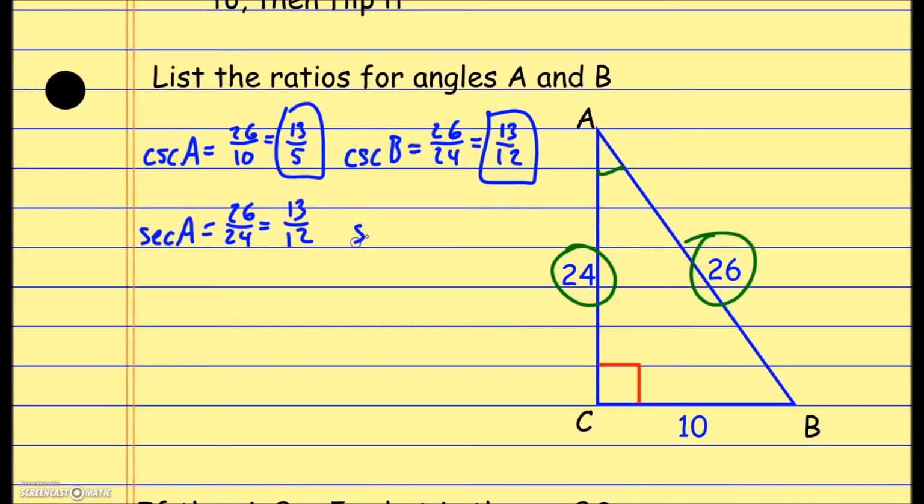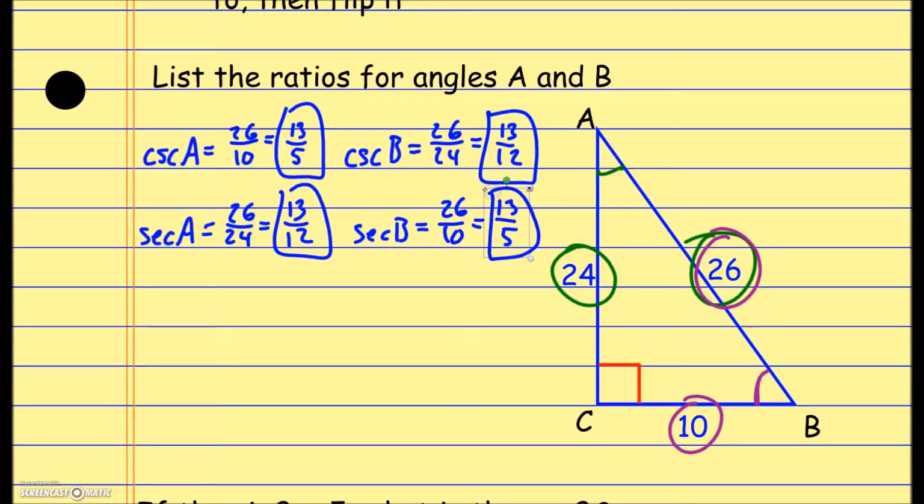Now if I do the secant of B as well, looking at B right here, cosine would be adjacent over hypotenuse. So instead, I'm going to do hypotenuse over adjacent, 26 over 10. It's just a matter of tying it to that original trig function and then flipping it. So that's 13 over 5. And you should notice the special relationship that we have here.